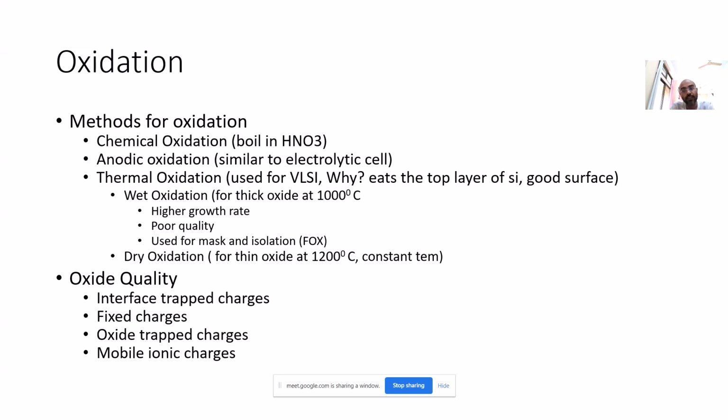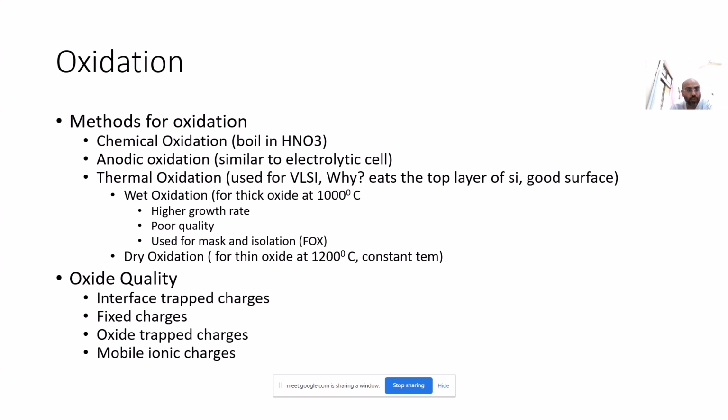So when that surface becomes SiO2 and is removed, you get a good quality surface which was earlier below the surface. Now you expose it after this etching out. So that is what the good thing is. This is one of the reasons that you use thermal oxidation rather than the other oxidation methods.